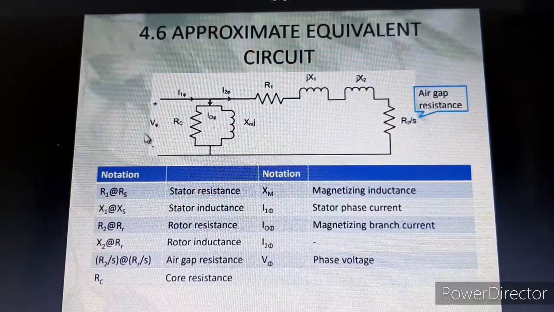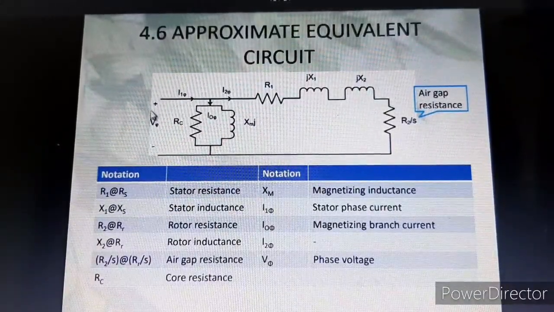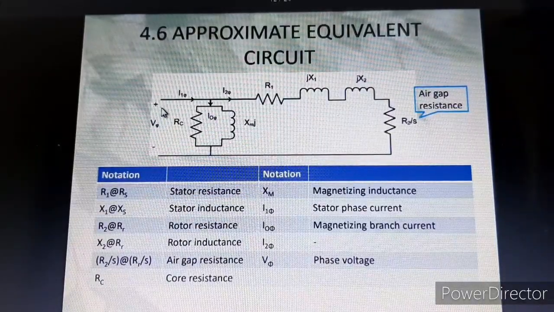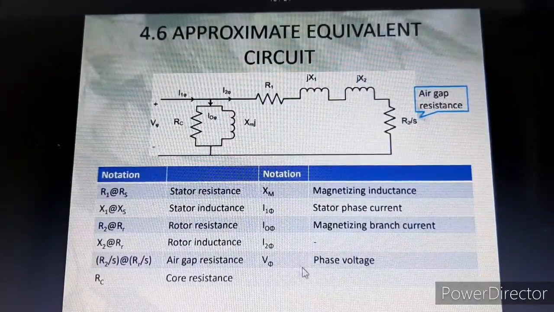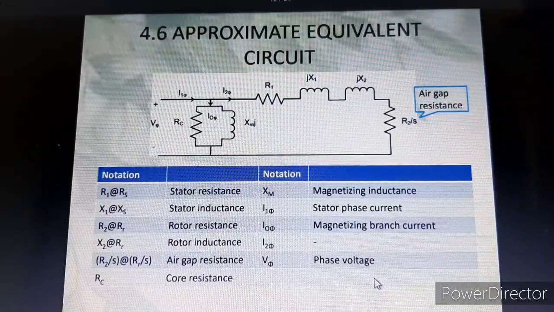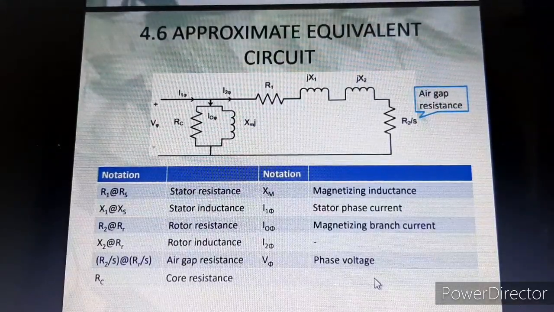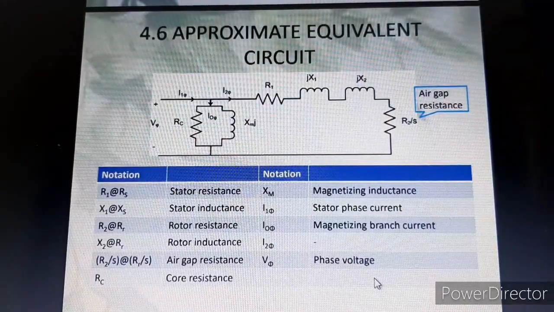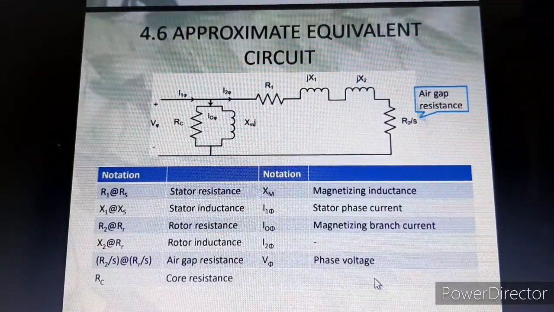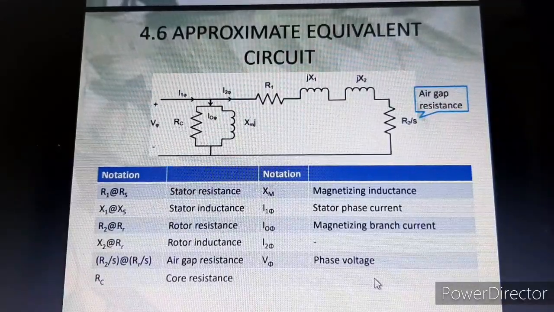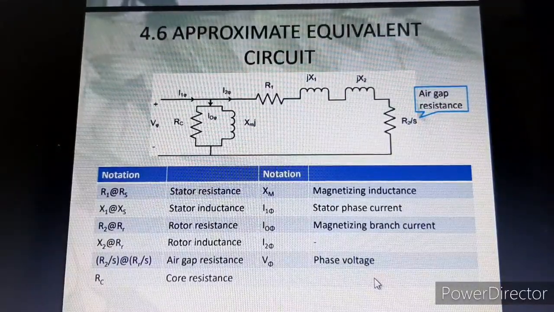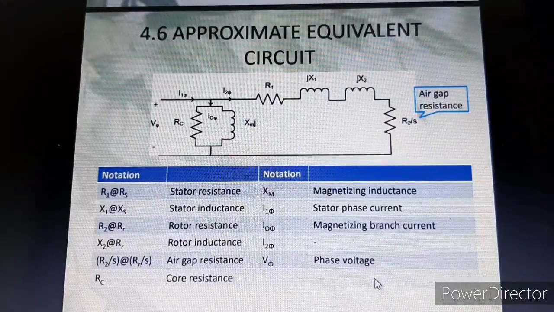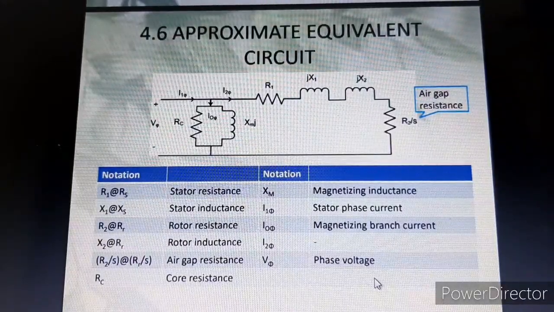In terms of voltage and current, at the front terminal we have V phase, that is the phase voltage. I forgot to explain: in chapter 1, we studied the relationship between phase and line voltage for Y and delta connections.